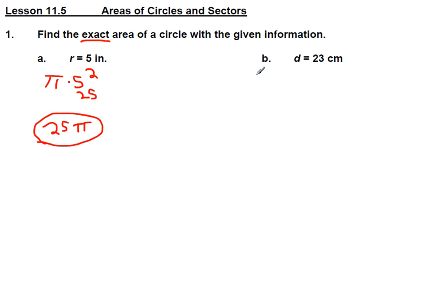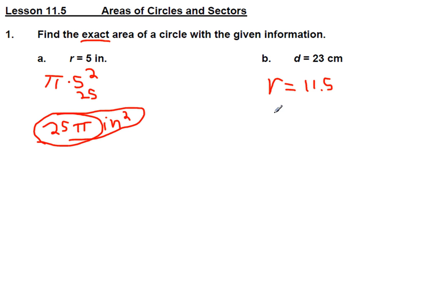All right, over here, the diameter is 23. Well, pi r squared is our formula, so we don't want diameter, we want radius. So you're going to have to take 23 divided by 2, and you get 11.5. So back here on part A, I should still label that inches squared. 25 pi inches squared. Okay.